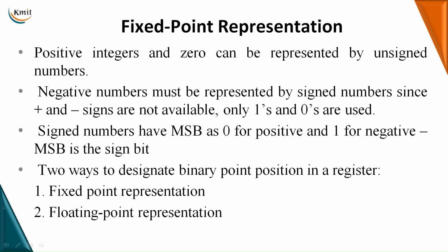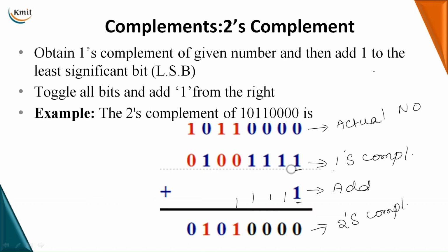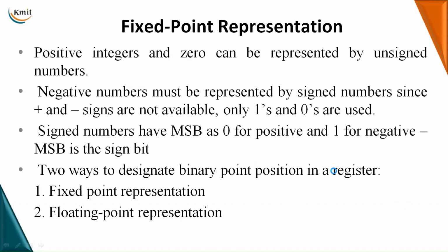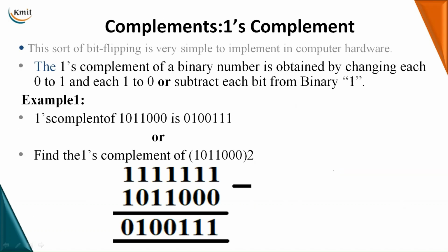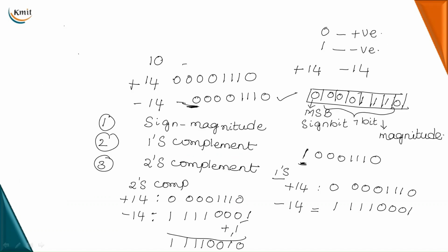Positive integers and 0 can be represented by unsigned numbers. When it comes to the number system, numbers are classified into two types: unsigned numbers and signed numbers.